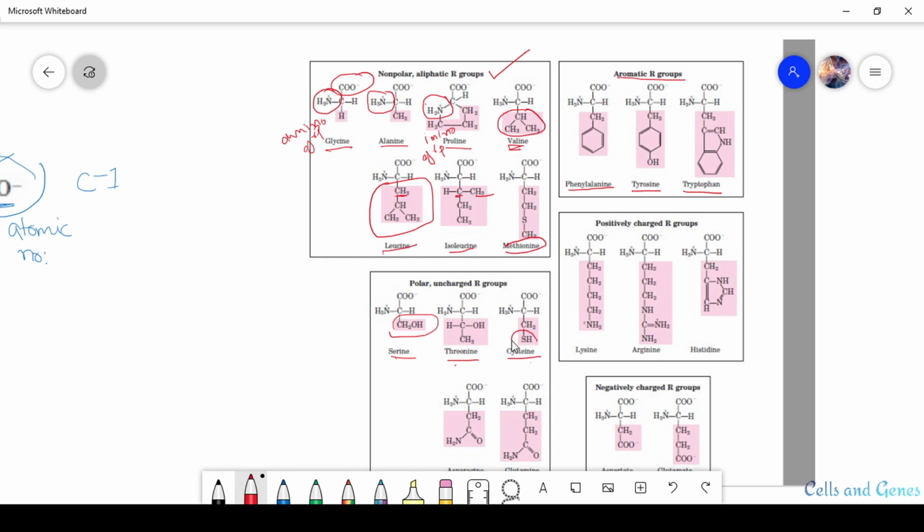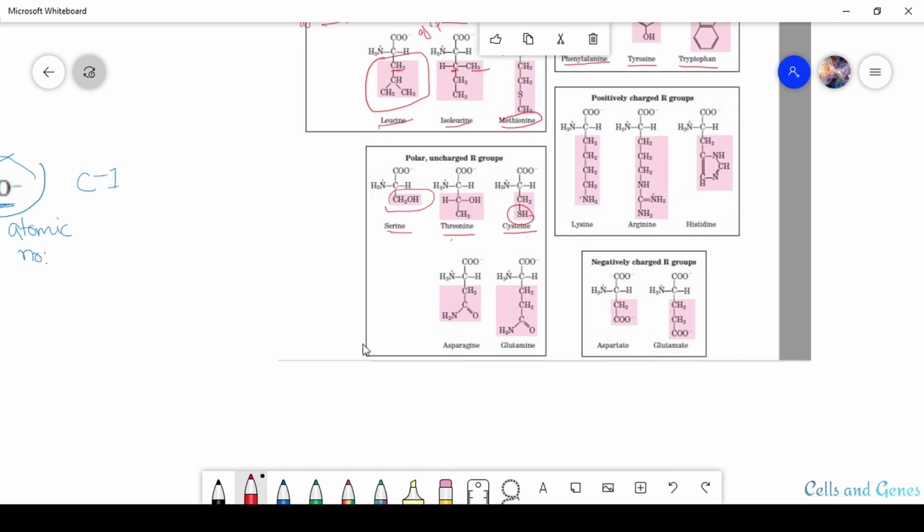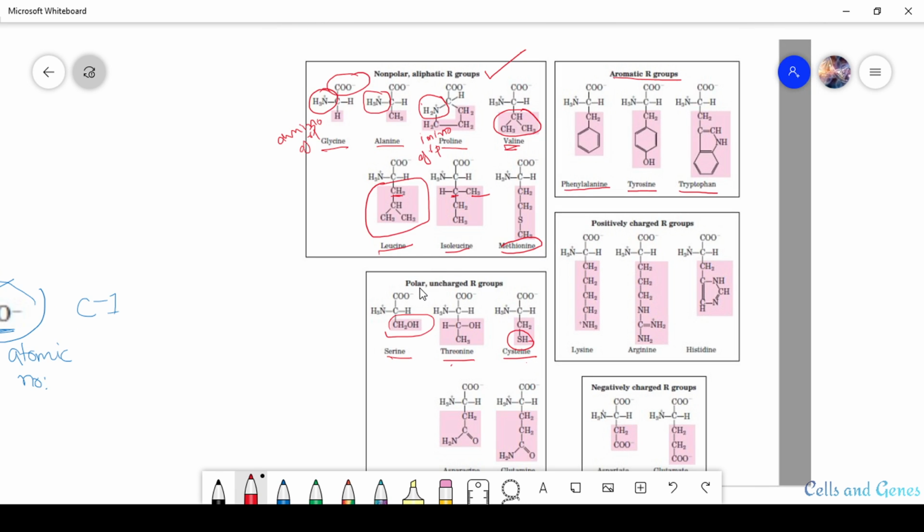Cysteine has a sulfhydryl group. Then the other ones are asparagine and glutamine. All these are polar uncharged amino acids. They have uncharged side chain groups.